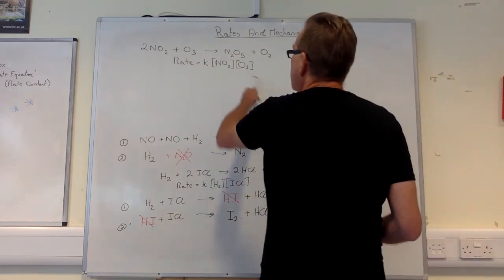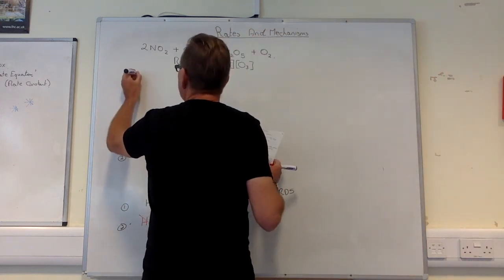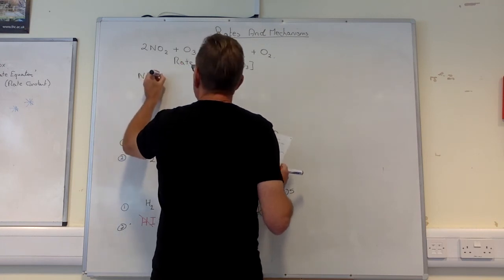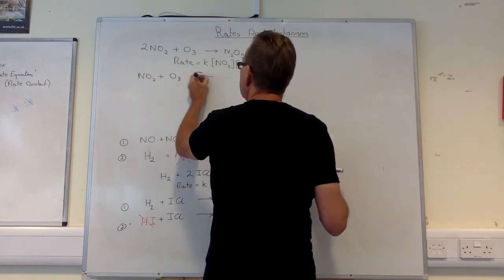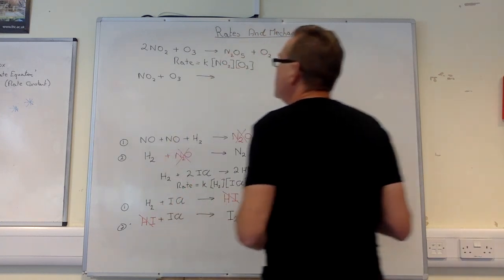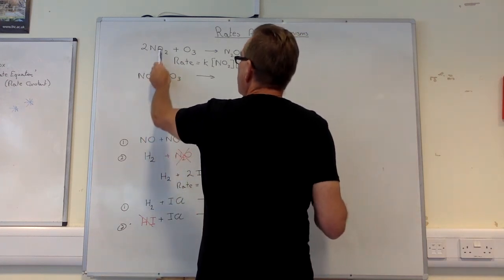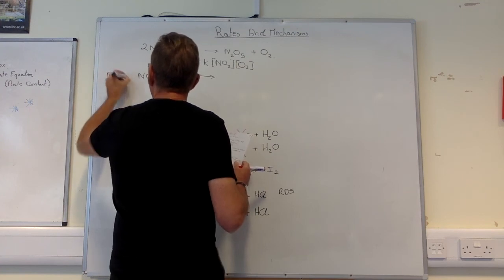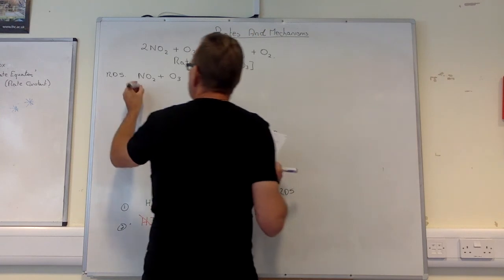Right. Where do I start? First order, first order. So, one particle in the rate determining step reacts with one particle of that to make whatever. Okay? Then look at the overall equation. What's left? Well, I've used one particle in my rate determining step. Slow step. I've got one left.